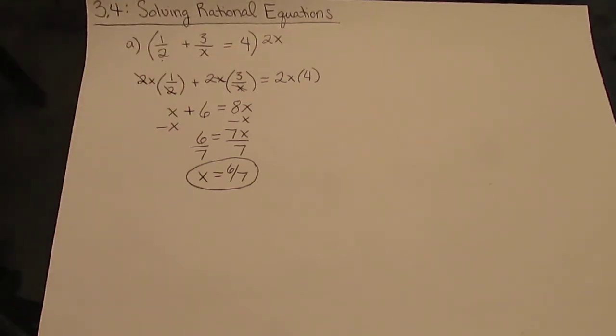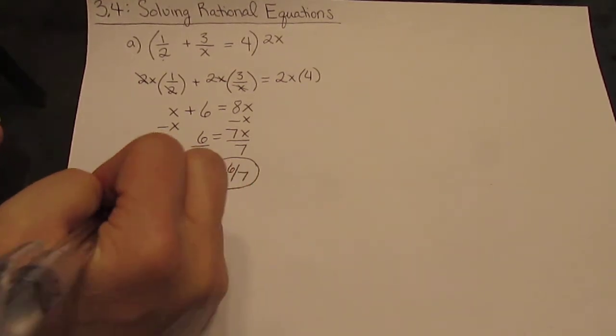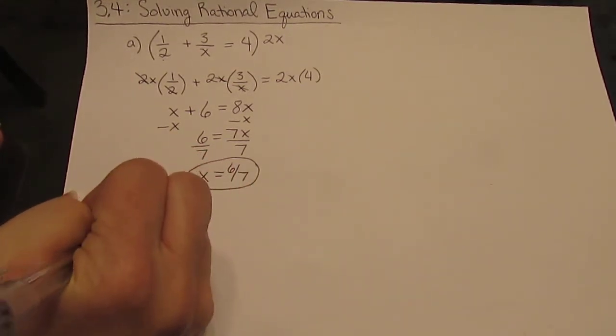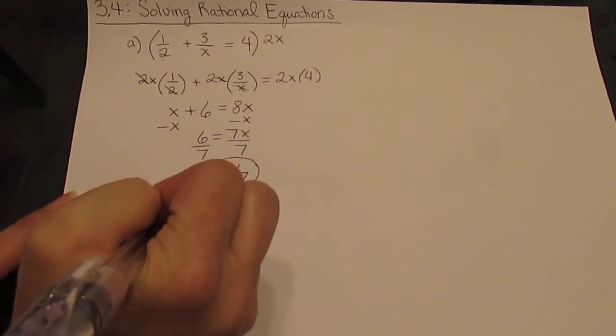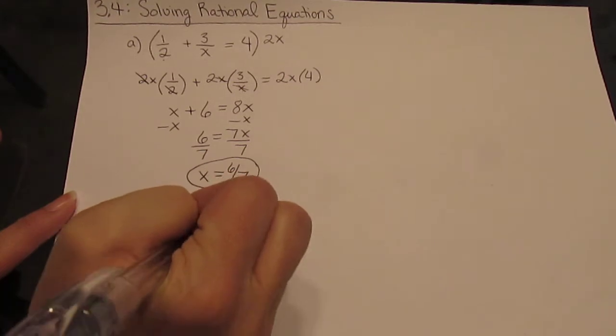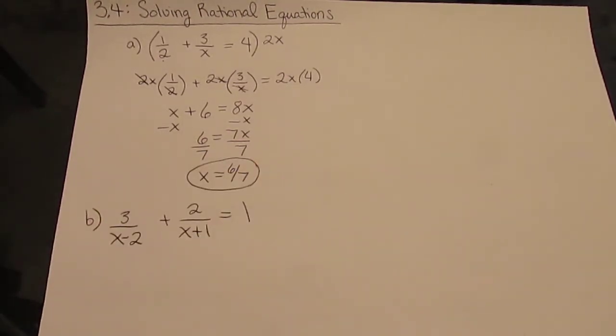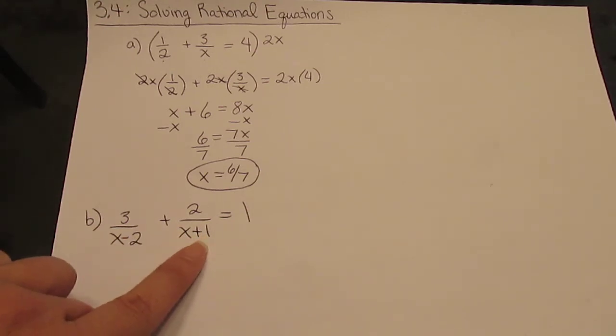Let's try a couple more. So part B, I've got 3 over x minus 2 plus 2 over x plus 1 equals 1. This one's a little bit different than our first one. Notice in our denominators, we've got a whole expression. We've got either a minus sign or a plus sign.